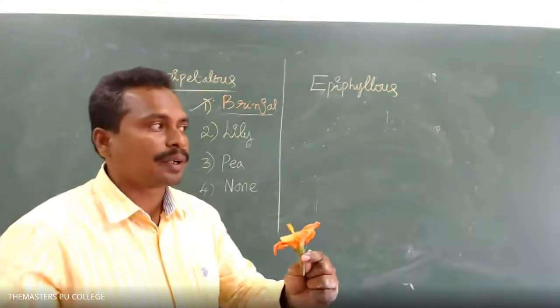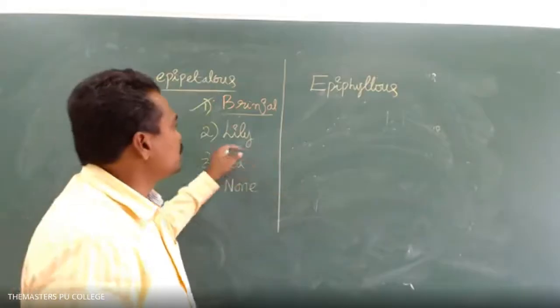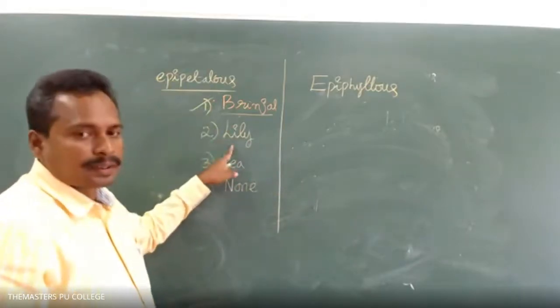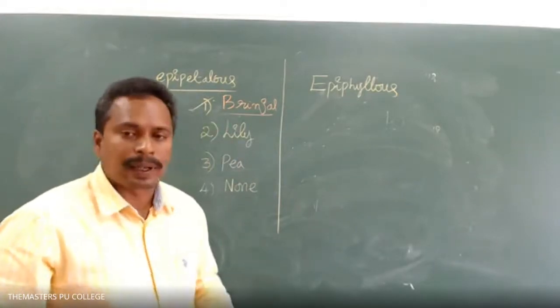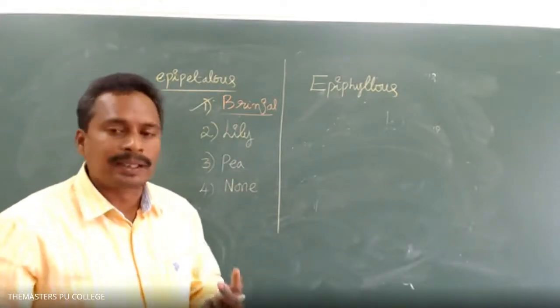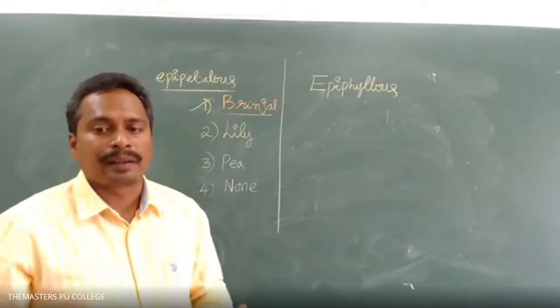How many classes of angiosperms are there? Two classes: one is dicots and the second is monocots. The lily plant belongs to the monocotyledons, along with onion, grass plants, wheat, maize, sugarcane, ragi.